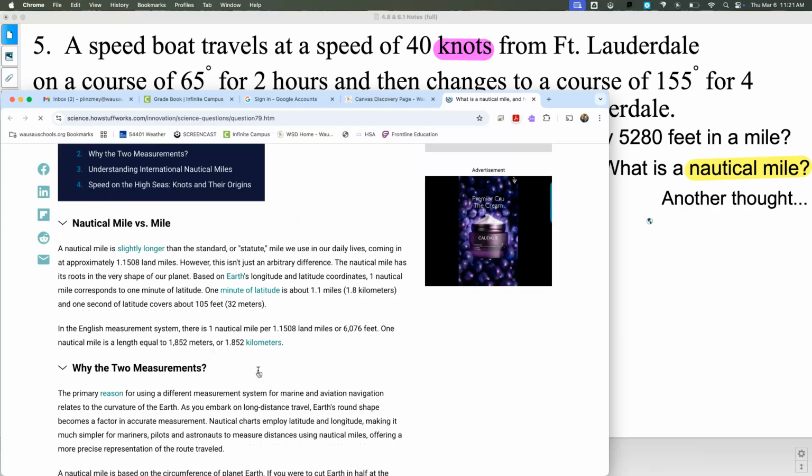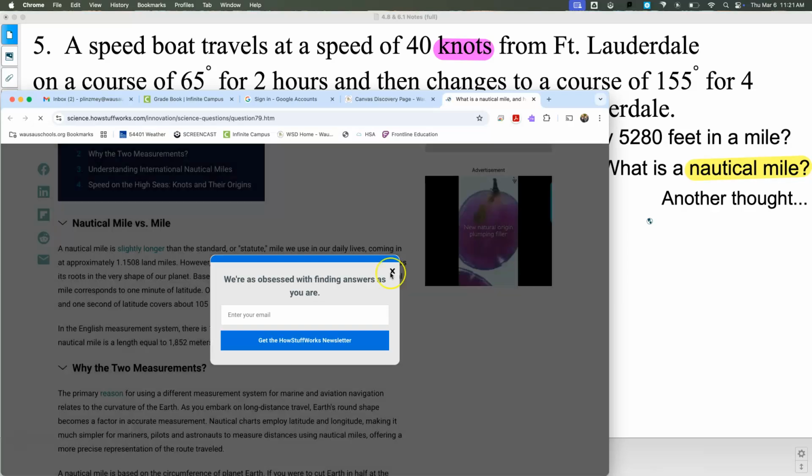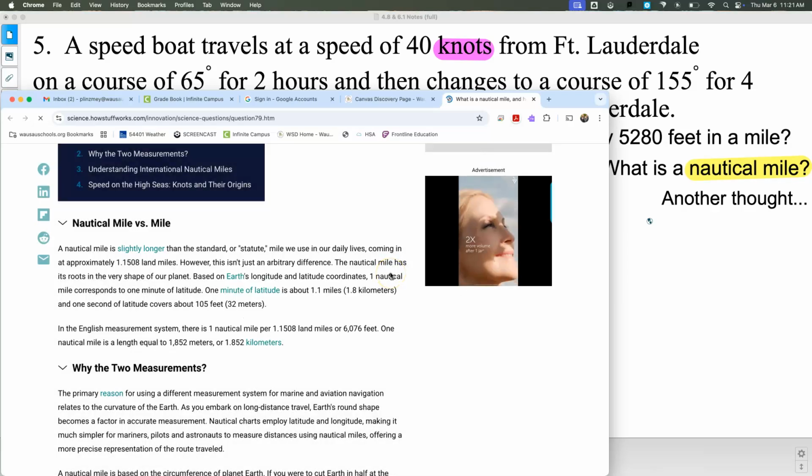A nautical mile is slightly longer than the standard mile we use in our daily lives. It's based on the Earth's, 1 nautical mile corresponds to 1 minute of latitude.